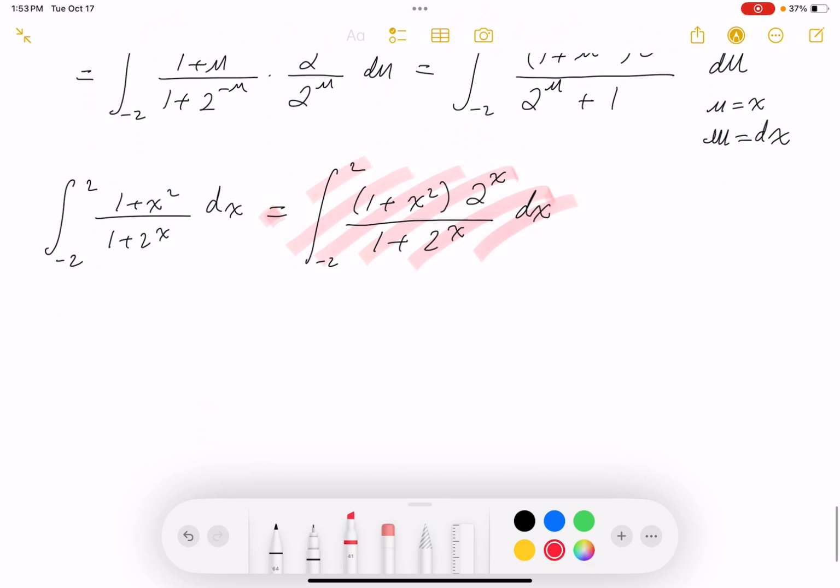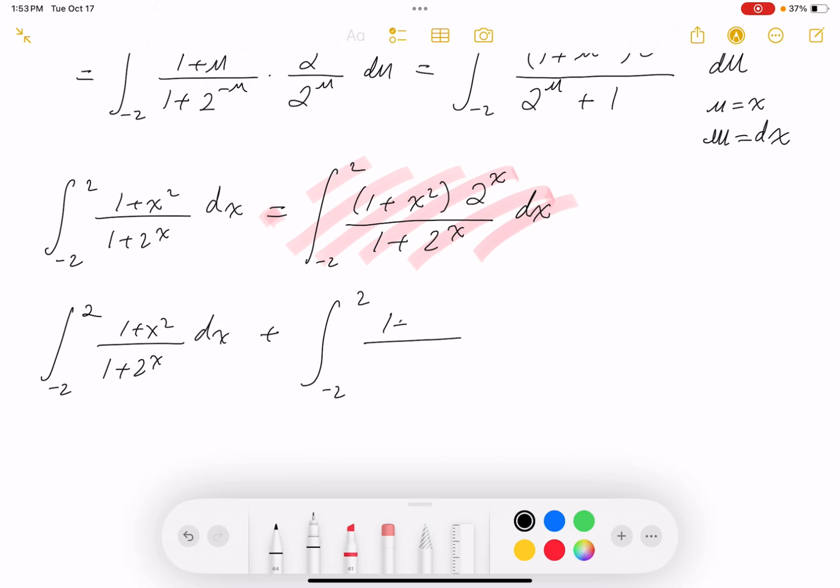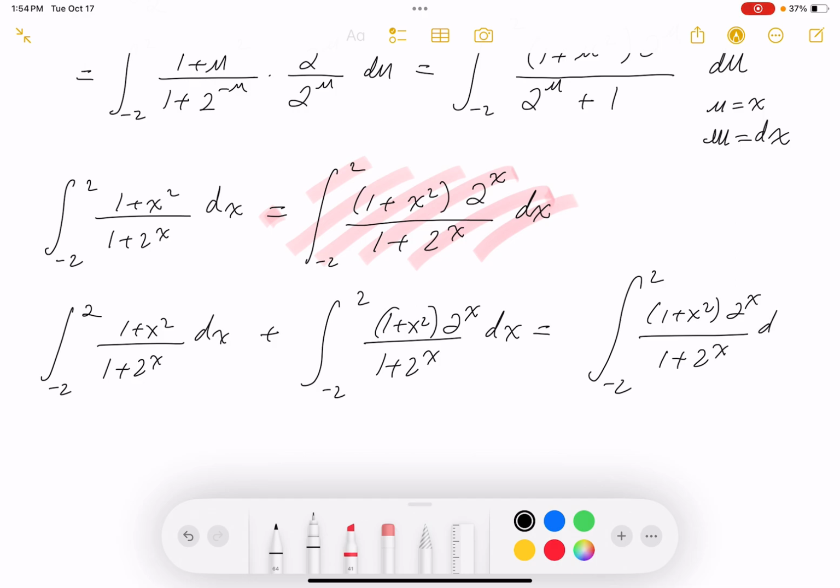And if I did that, I would get the integral from minus 2 to 2 of (1 plus x squared)(1 plus 2 to the x) dx, plus the integral from minus 2 to 2 of (1 plus x squared)(2 to the x)/(1 plus 2 to the x) dx equals the integral from minus 2 to 2 of (1 plus x squared)(2 to the x)/(1 plus 2 to the x) dx.